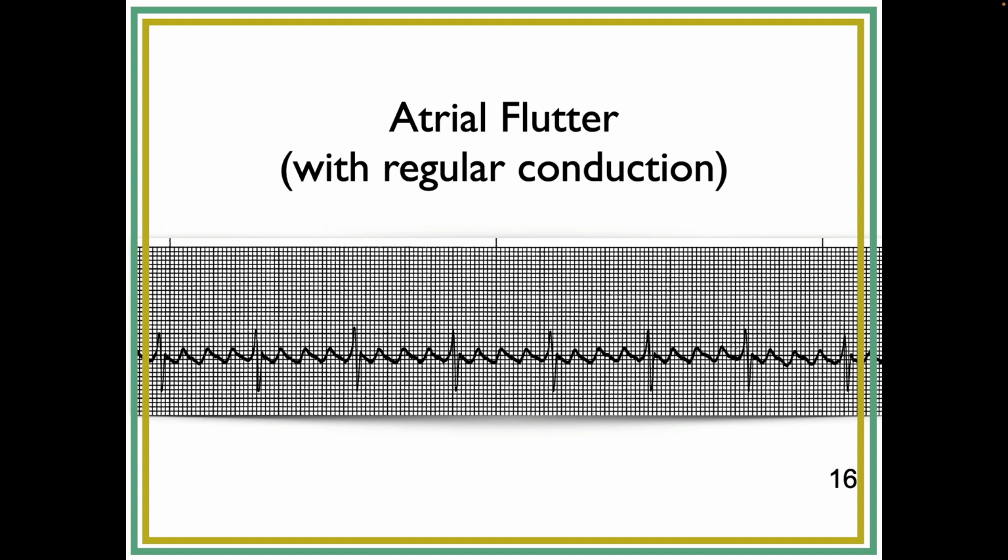Here's another one. Some people say they think the flutter waves look like a sawtooth pattern, so if that's helpful for you, you can use that. Some people take the strip, flip it upside down, and it looks even more sawtooth pattern-like. You can try that if it's helpful to you.